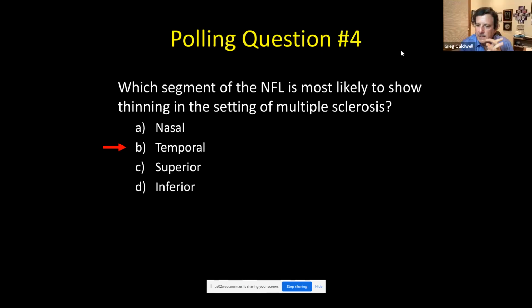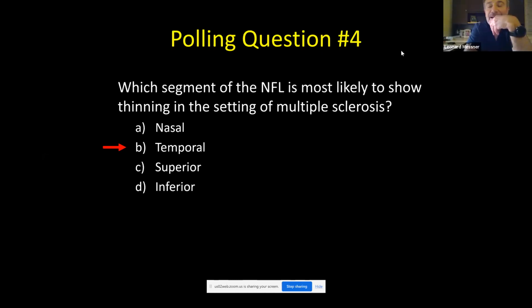A question rolled in: will insurance pay for an OCT with a diagnosis of MS? That's a tough question for a national audience. There are all these regional and local payer determinations out there. Maybe, but you could probably go to things like optic atrophy and nerve loss, and that will help.